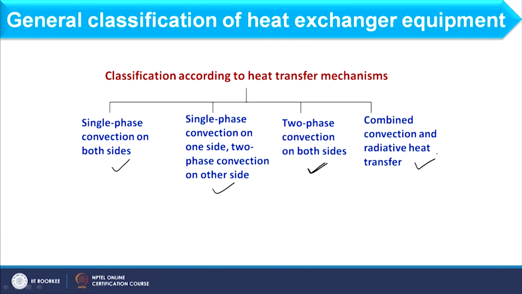And the fourth category in this classification is combined convection and radiative heat transfer. What will be the example of that? The example is a boiler. In a boiler, initially we have the coal, and while combustion of coal, heat is generated. How is that heat transferred to the vapor side? That is done through radiation. So, radiative heat transfer occurs as well as convection.